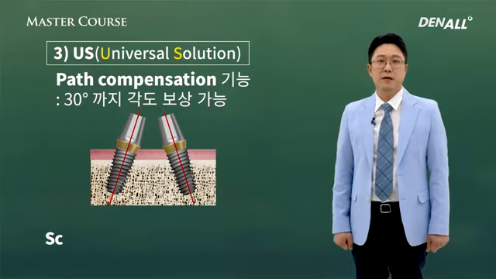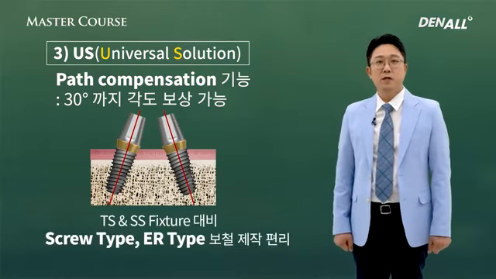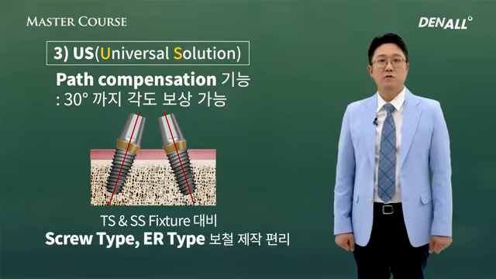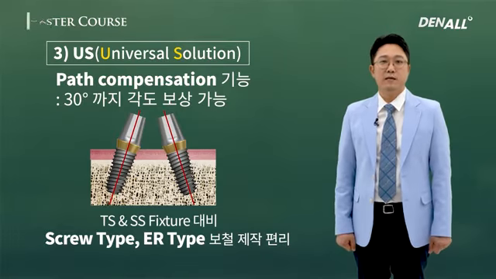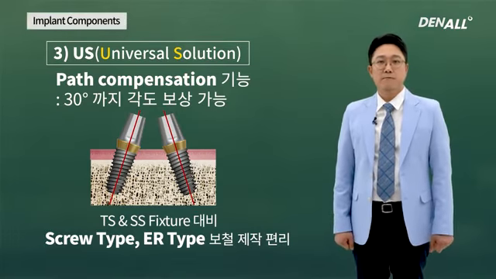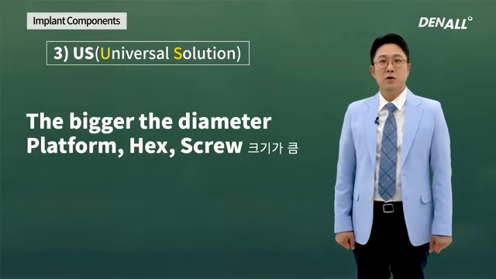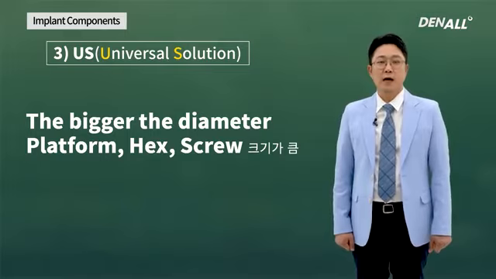For these reasons, US implant is used frequently for screw-type prosthesis, and it has many pros. US implant, the bigger the diameter, the bigger the platform, hex, and screw.